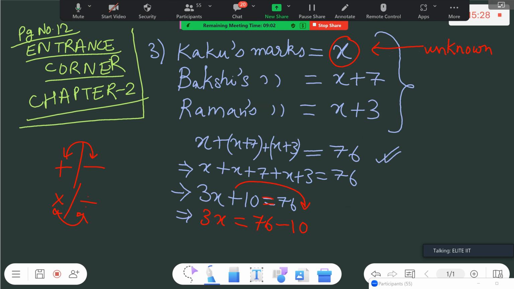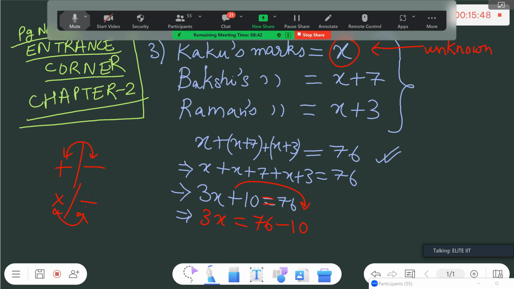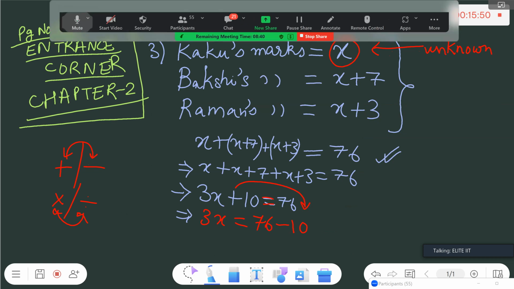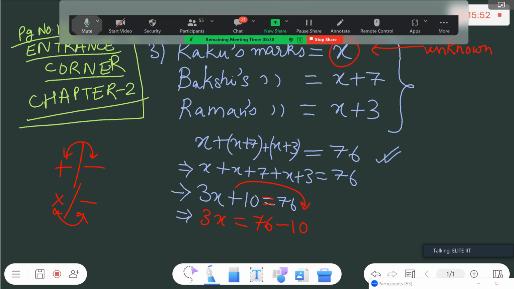Is it clear, Tanmay? If any number is unknown to us, then we assume that number is x. Okay? Tanmay?